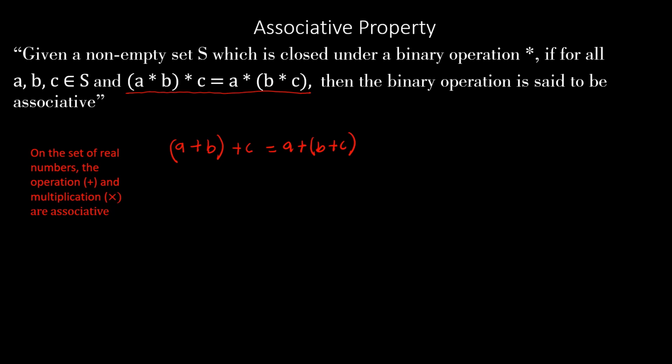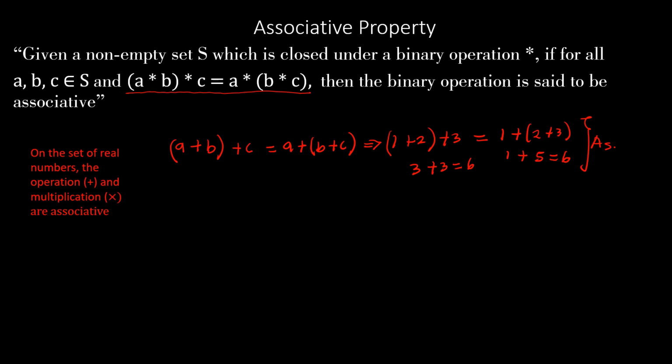If we insert numbers here to have something like (1 + 2) + 3, here we are going to have 1 plus 2 which is 3, plus 3, this is 6, and we check it with 1 + (2 + 3). Here we are going to have 2 plus 3 is 5, plus 1 which is also 6. So we can say that under addition of real numbers, the operation addition is associative.